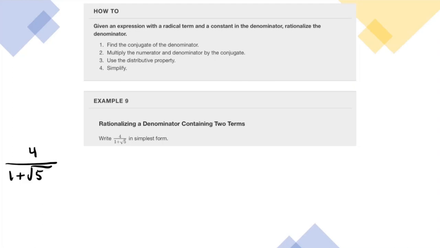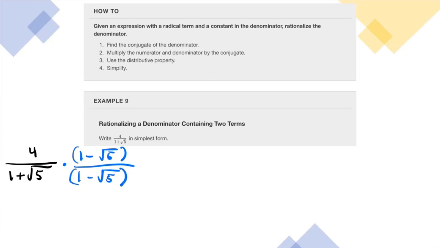We're still going to rationalize by multiplying by 1, in the form of the conjugate over the conjugate. So the conjugate is 1 minus the square root of 5.